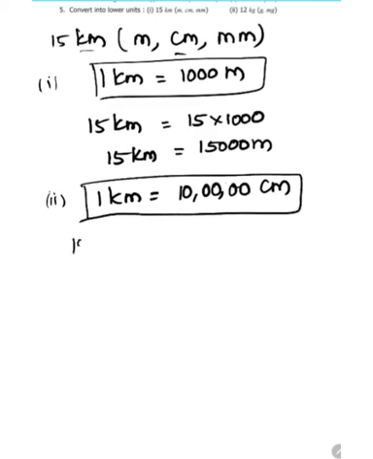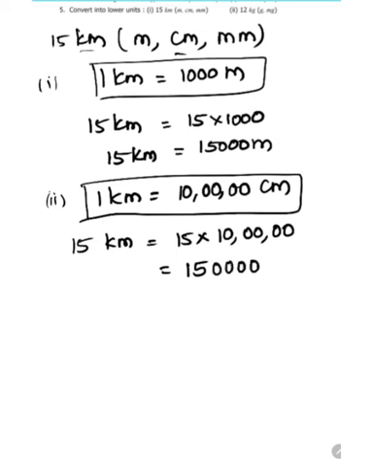So 15 kilometer is equal to 15 into 10 lakh. 15, how many zeros? 1 2 3 4 5. So 15 kilometer is equal to 15 with 5 zeros centimeter.